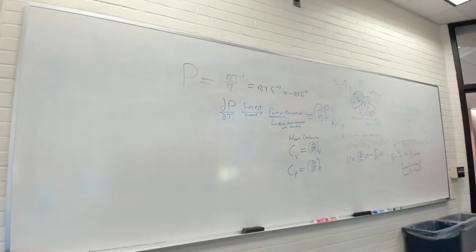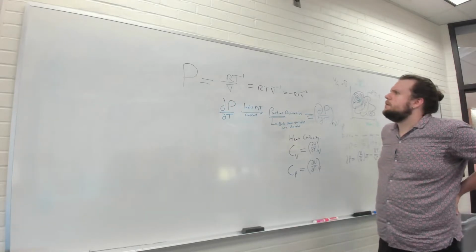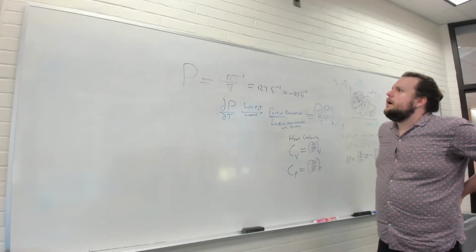Any calc questions, Megan? Why are you able to do nRT over V as a single variable, like T to the 1, instead of having to do the whole fraction derivative? I don't know what you mean. So sometimes when you do calculus for a derivative, you would have to do the top times the derivative of the bottom minus the bottom times the derivative of the top.